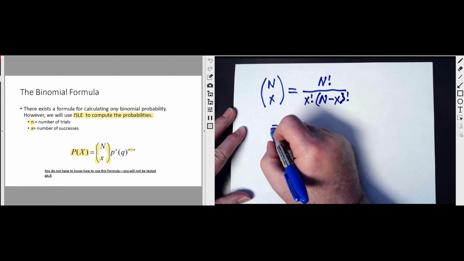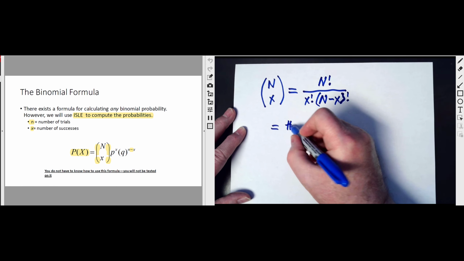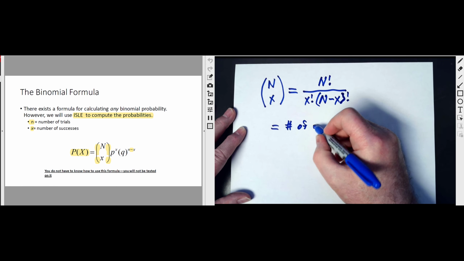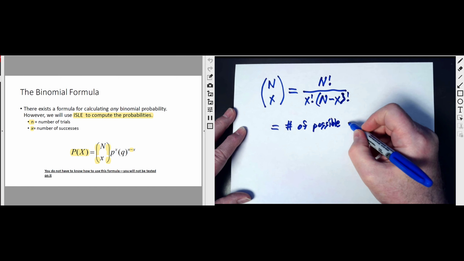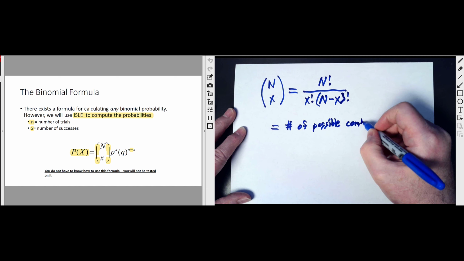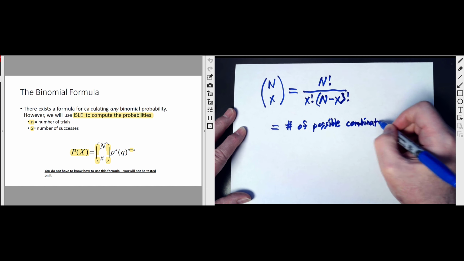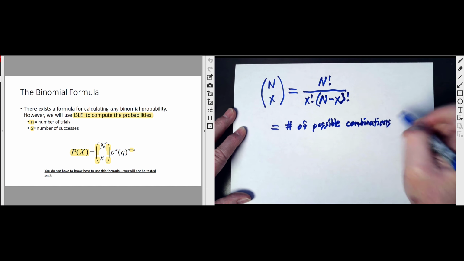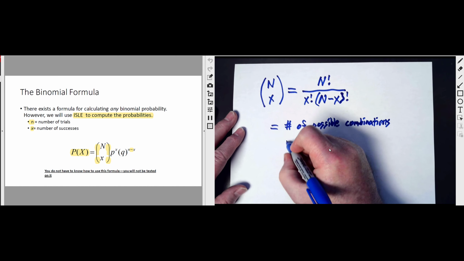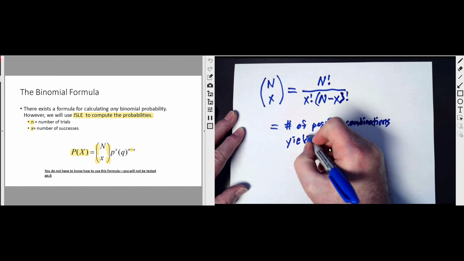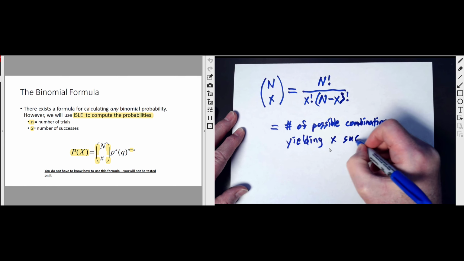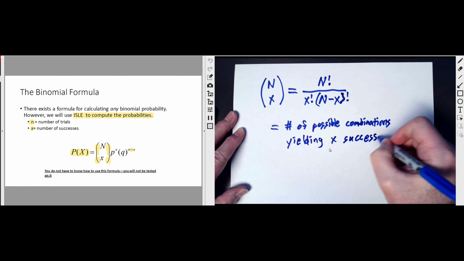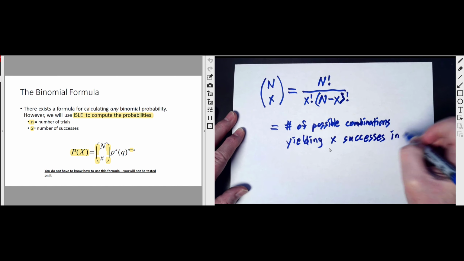And what it is is the number of possible combinations yielding x successes in n trials.